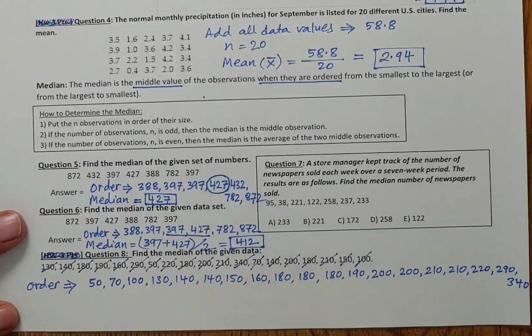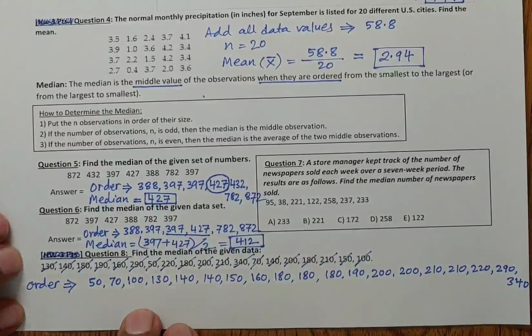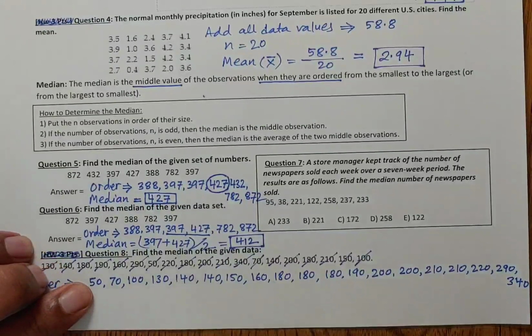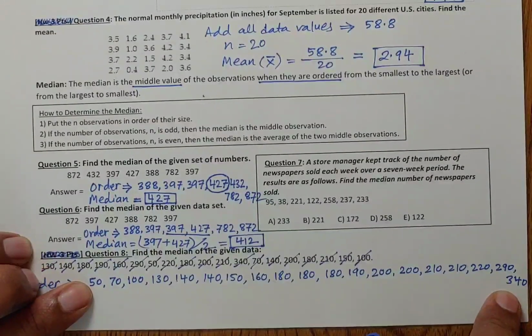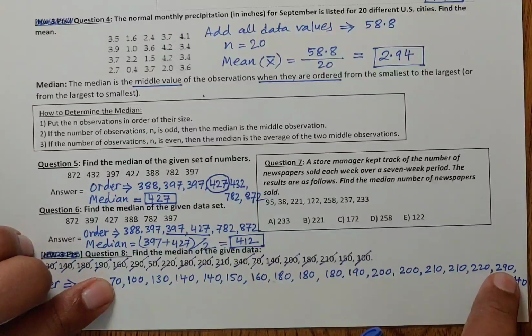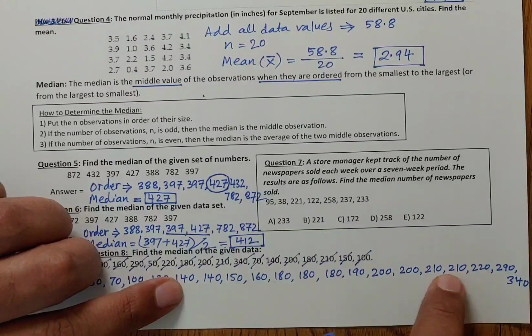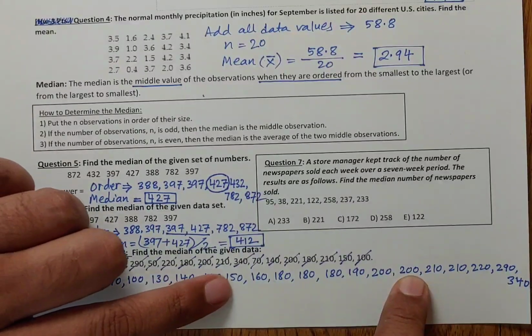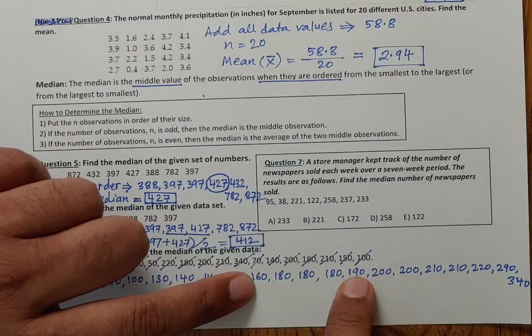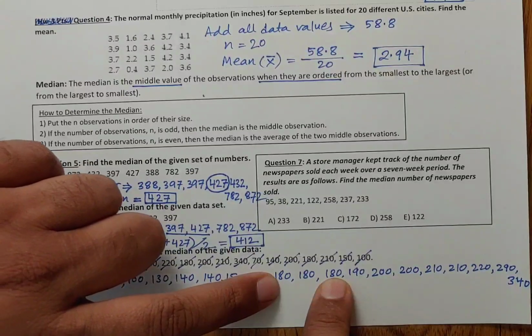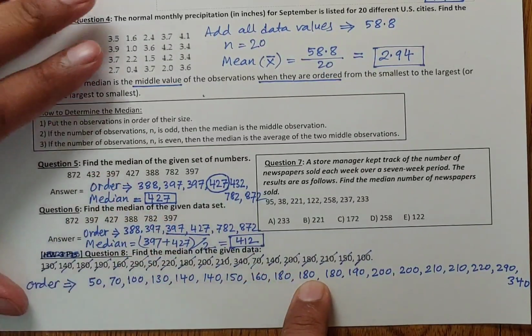Now let's choose the middle number. Okay, so which number is in the middle? So this is the first, this is the last, right? So go one step there, two steps there, and then these, and this.